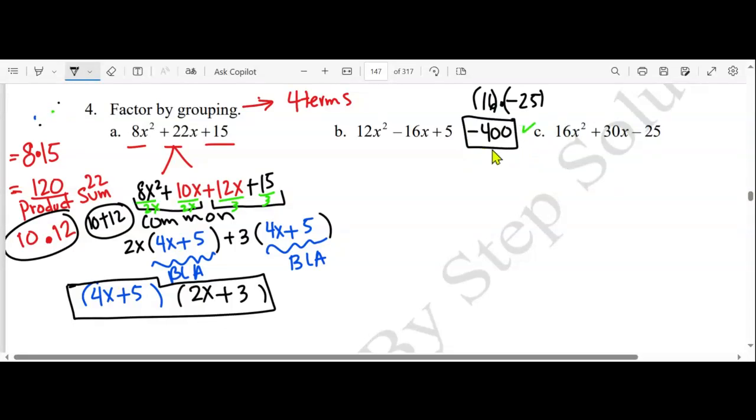I'm looking for the factors of 400, and their sum is how much? 30. Give me 2 numbers. They give you 400, and their sum is positive 30. It could be one positive and the other one negative. It doesn't matter.